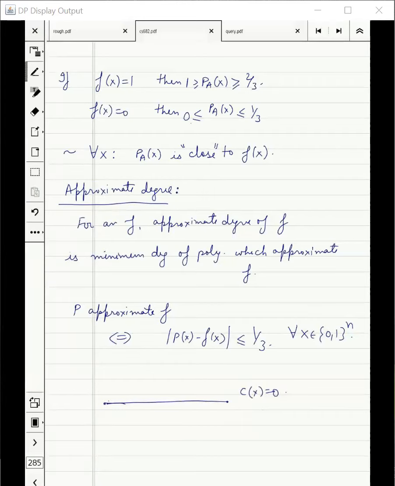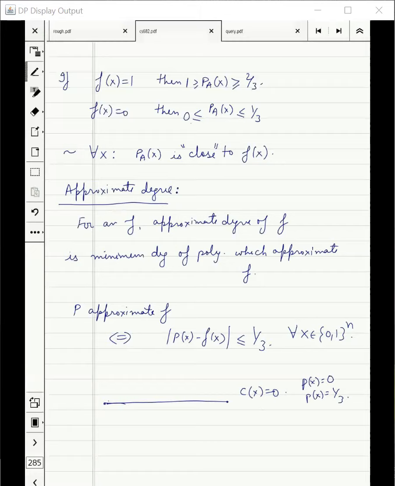Zero, right? Because I can just take p of x to be 0, or I can take p of x to be any constant between 0 and 1/3, it's a polynomial, but still p of x and f of x will always differ by at most 1/3.